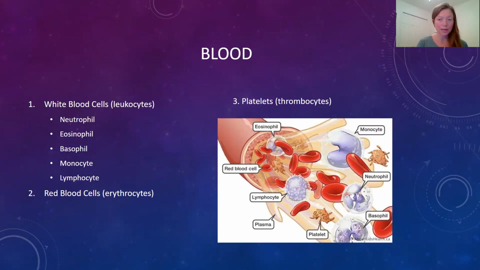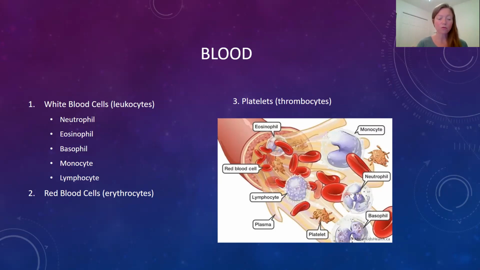So blood, if it is left undisturbed in a test tube, is going to separate naturally. Now, if it has a coagulant in there, it separates as well, but it separates into serum. But we're just going to talk about blood that is not coagulated. It's going to separate into the cellular or formed parts of our blood and the liquid or plasma part of our blood.